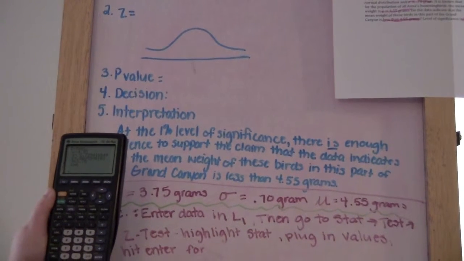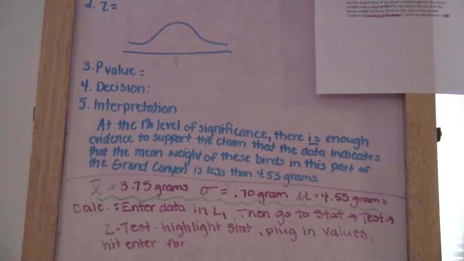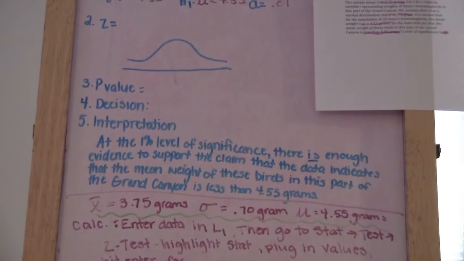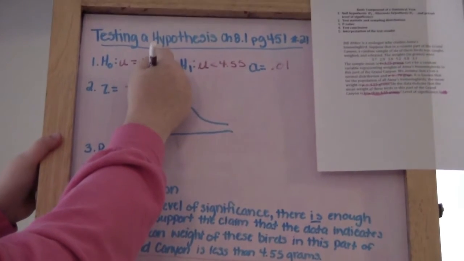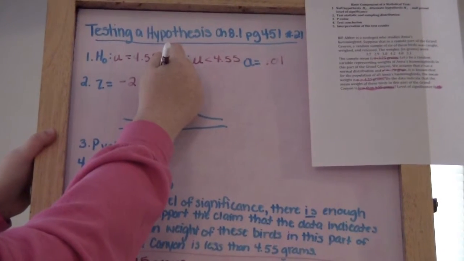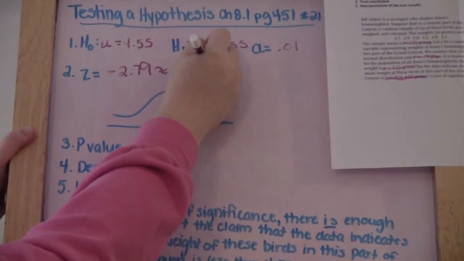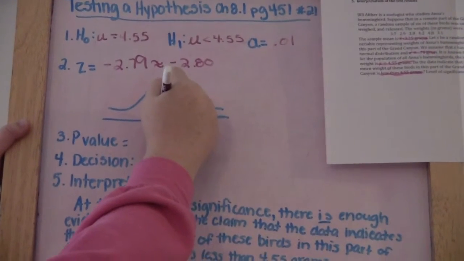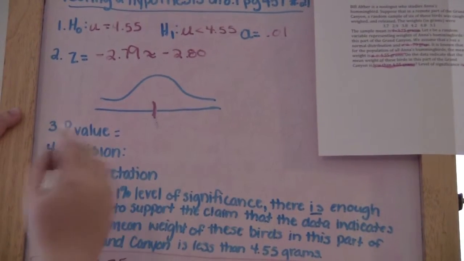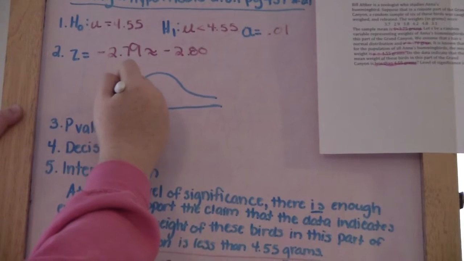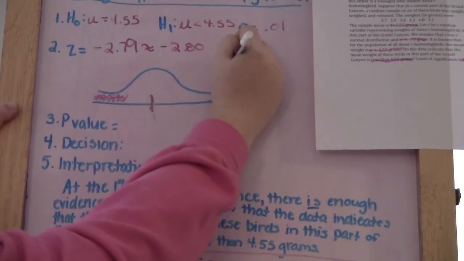That's going to give you your Z-score and your p-value. So those are kind of broken up into 2 steps. Z is negative 2.79, so that'll round to negative 2.8. We know that that's going to be left-tailed because it's a less than problem. The area of that is going to be over here, so we can say it's left-tailed.